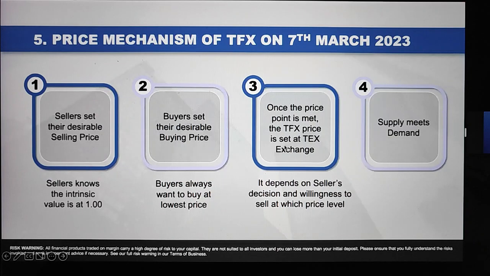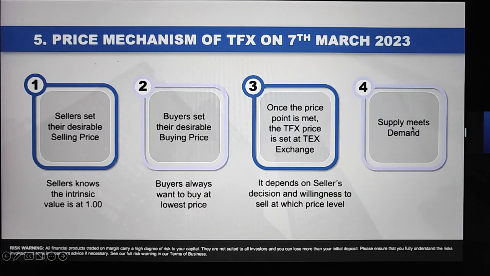If all the sellers say no, our intrinsic value is at 1, I cannot go below 1, fine. But somehow you never know the sentiment of sellers in the market. Some may say, okay, I'm okay with 80 cents, and they may set 80 cents. If the buyers keep waiting and there's no lower price, they will raise their bids, maybe 25, 35, 45, it depends.